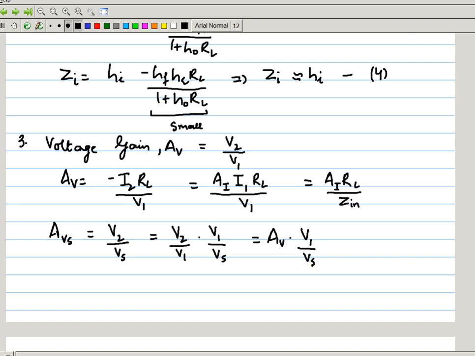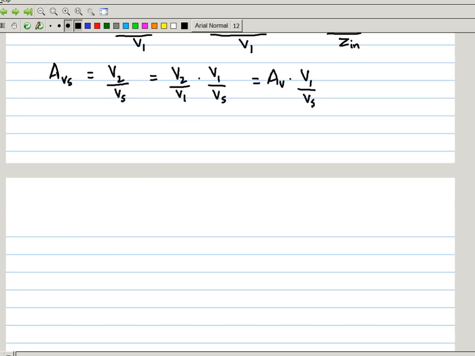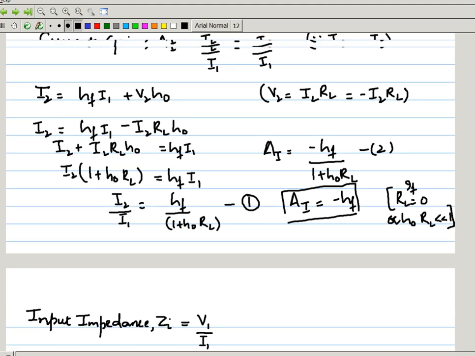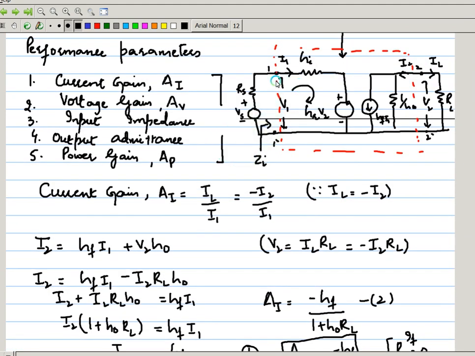So in order to find out V1 by Vs, because it appears on the input side of the transistor, V1 is the voltage at the terminals 1, 1 dash, and Vs is the source voltage. So this input side will be represented by the Thevenin's equivalent circuit.